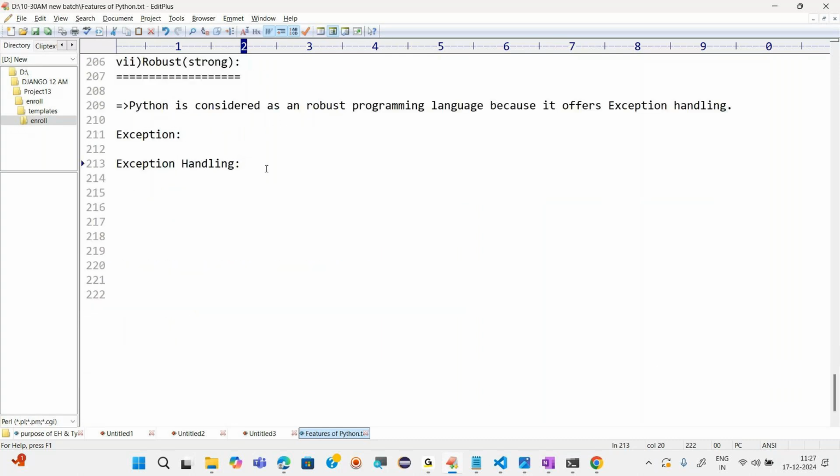We are in the features only, so I don't want to confuse you, that's why I'm not giving too many examples here. When it comes to the programming language, I will start giving you so many examples, and then I will give you assignment questions, practical questions, and you have to do it daily. More examples, more assignments, more practice.